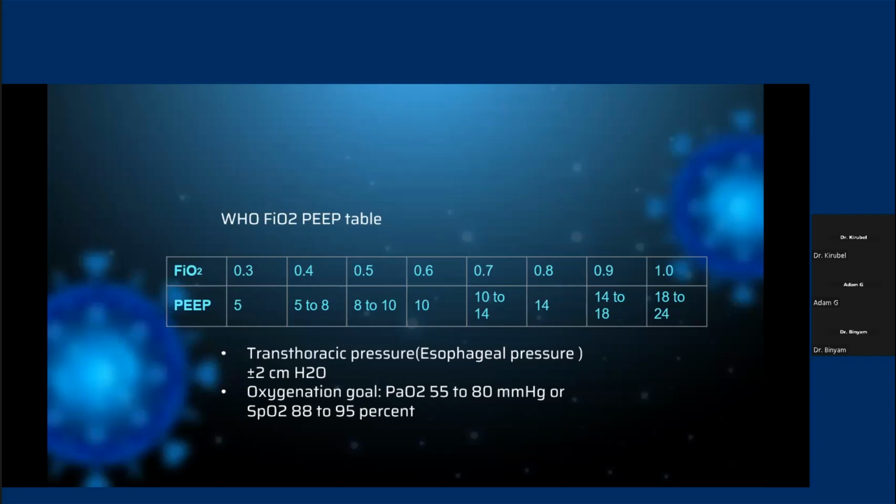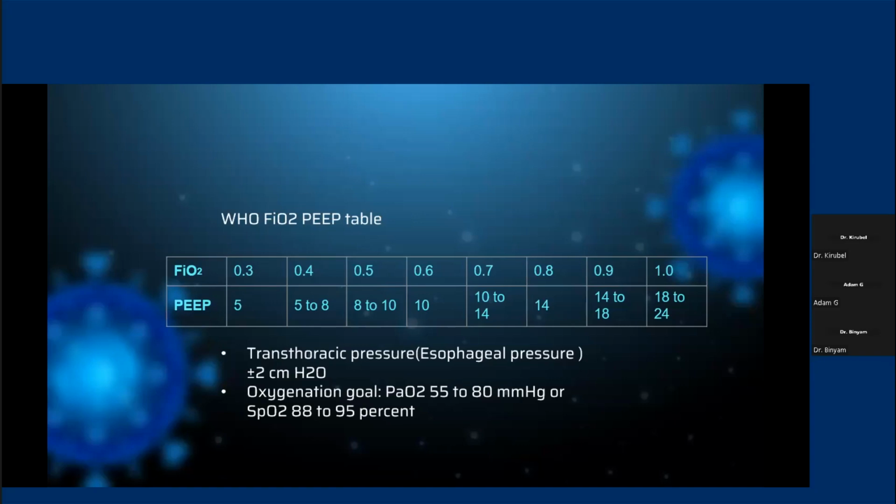If it is not so, we have to adjust our PEEP to get this plus or minus 2 centimeter of water range. This is the better option, but in our setup, we don't usually have this. So we use the WHO FiO2 PEEP table to target our PEEP and FiO2.